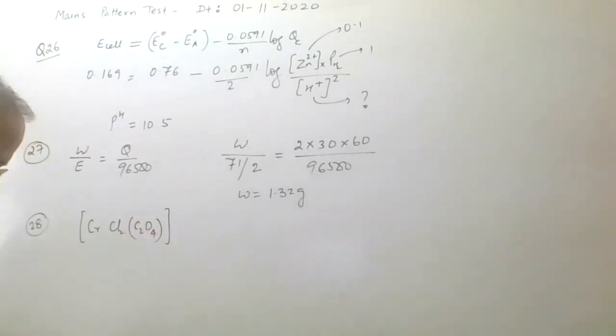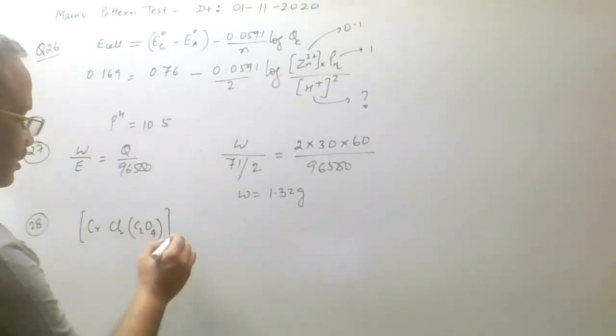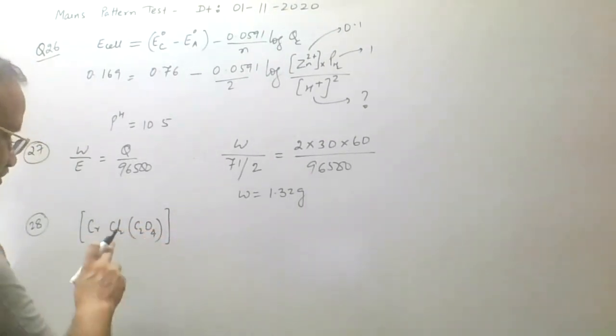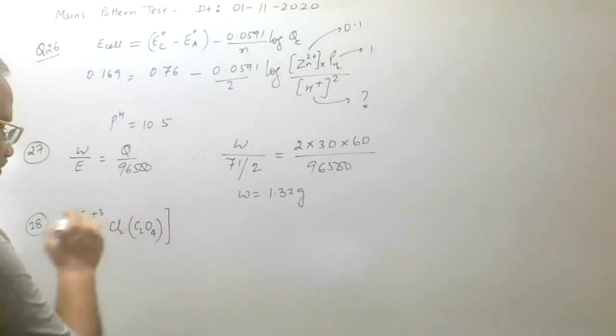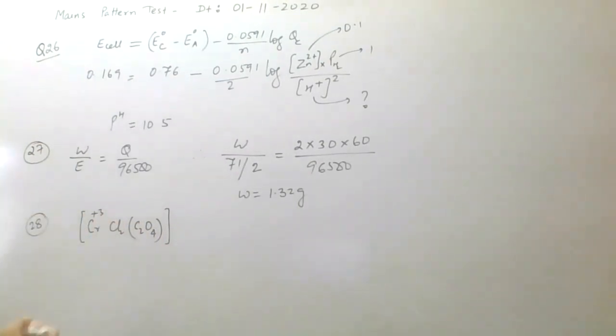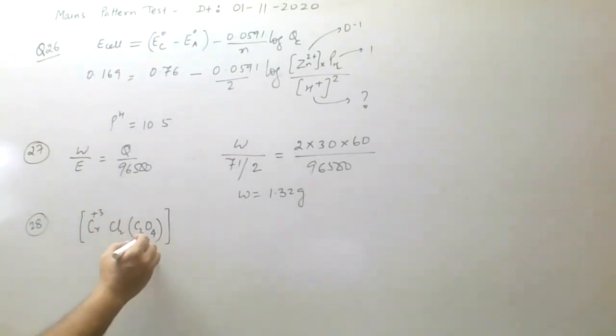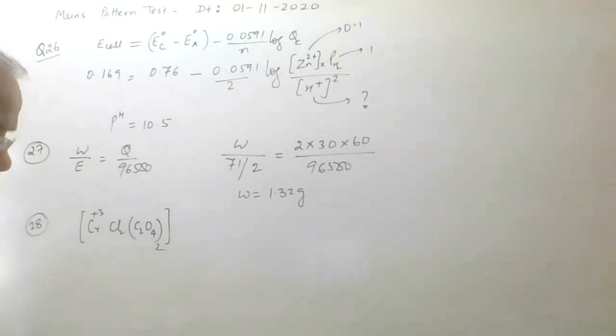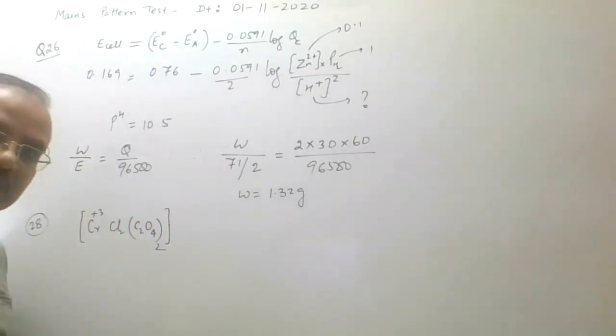Now in this case, if we calculate the oxidation state, the chromium is plus 3, and the chloride and oxalate ligands are as given. We have to calculate the primary valency. The primary valency is responsible for the oxidation state, which is plus 3.